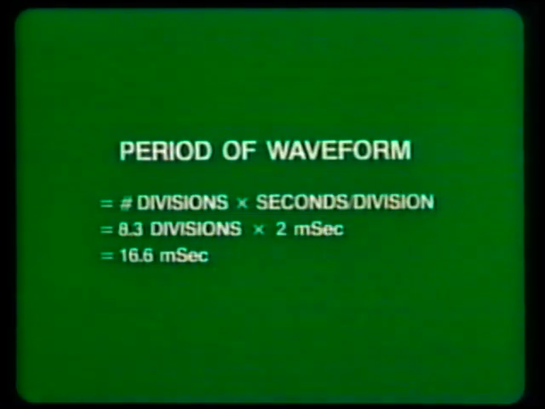The period of a waveform can be found by multiplying the number of divisions by the seconds per division. Using our previous example, this is equal to 8.3 divisions times 2 milliseconds, giving you a period of 16.6 milliseconds. This means that it takes 16.6 milliseconds for a peak to occur after the previous one.